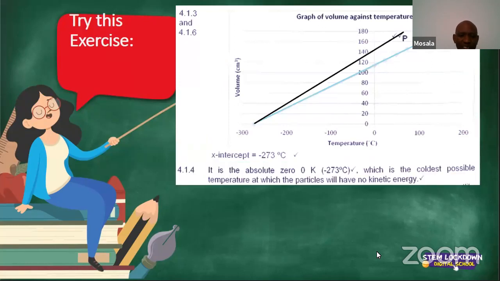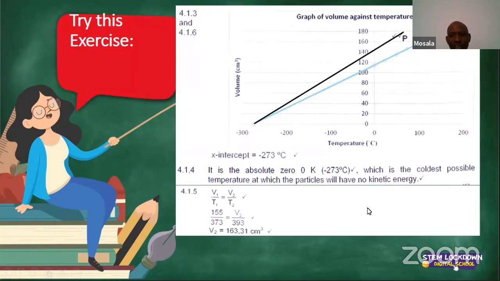Right, we have talked about the significance of this intercept, that it is absolute zero, which is the coldest possible temperature. So particles will no longer move as they will have no kinetic energy. Now we are to calculate the volume at the temperature.